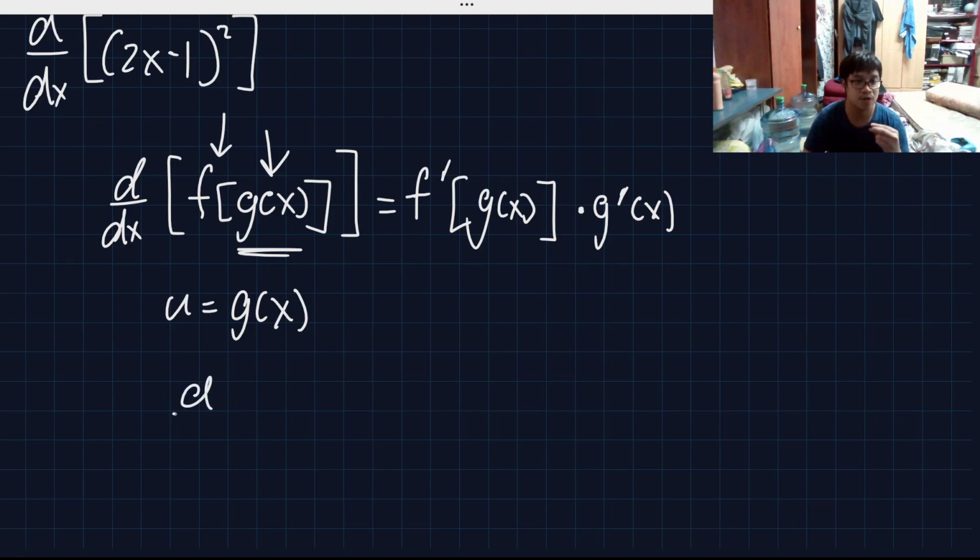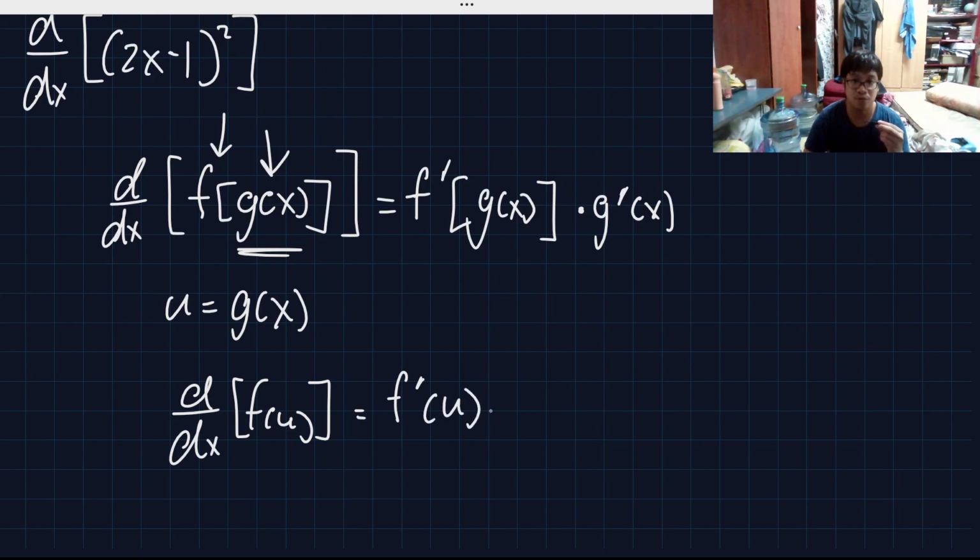So if you're going to get the derivative of f of u, we first get the derivative of the outside. So we will have f prime of u. As you can see, we only get the derivative of the outside, but not the inside, which is u.